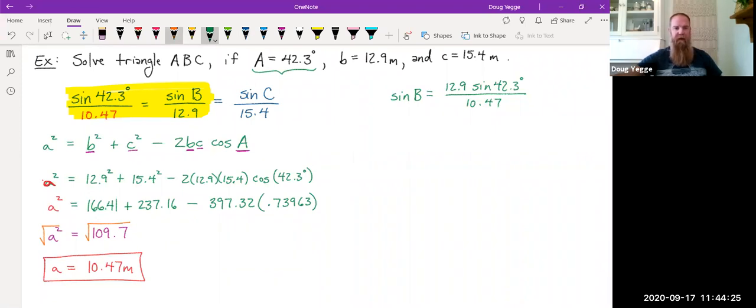So if we use our calculator and find the inverse, we get that angle B is equal to 56.0 degrees. But notice that it could also be the supplementary angle. So we have to also say B2 is equal to, and if I subtract that from 180, I get 124 degrees.